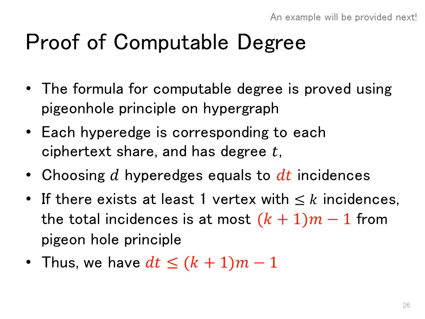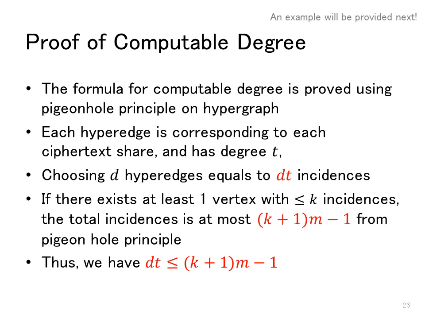One challenging task in this work is to find the maximum degree of the scheme and prove that there exists at least one server that can compute each term. This is the idea of the proof. The formula for computable degree is proved using the pigeonhole principle on a hypergraph. As in the preliminaries, we can represent the non-access structure with a hypergraph.